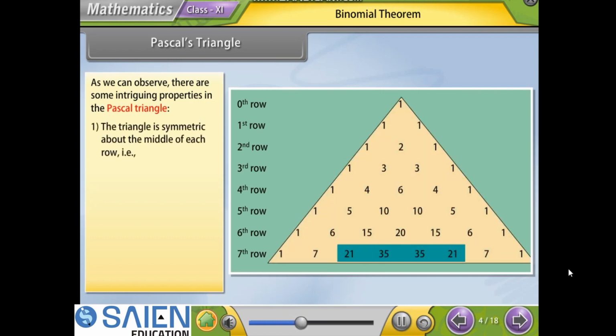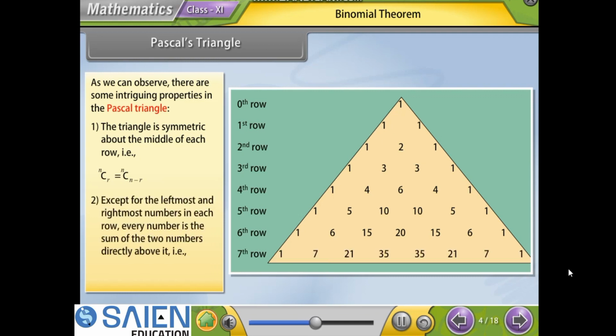The triangle is symmetric about the middle of each row, that is, nCr is equal to nCn minus r. Except for the leftmost and rightmost numbers in each row, every number is the sum of the two numbers directly above it, that is, nCr is equal to n minus 1 Cr minus 1 plus n minus 1 Cr.